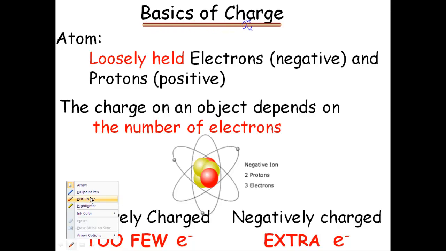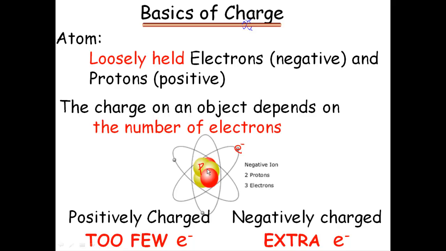In order to really talk about this in any great detail, we have to talk about the very basics of where the charge comes from. We'll start with atoms. The atoms, I think you'll remember from 6th grade, have negative and positive charges. The negative charges are those electrons, and the positive charges are the protons, which are contained within.